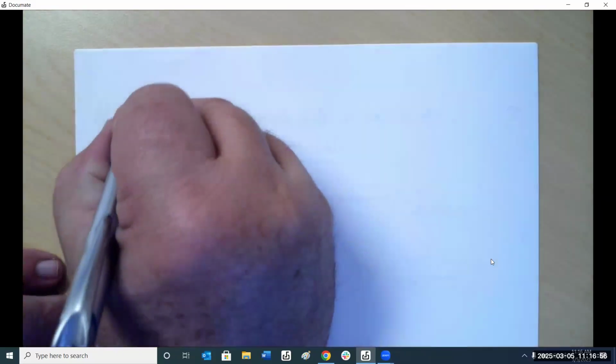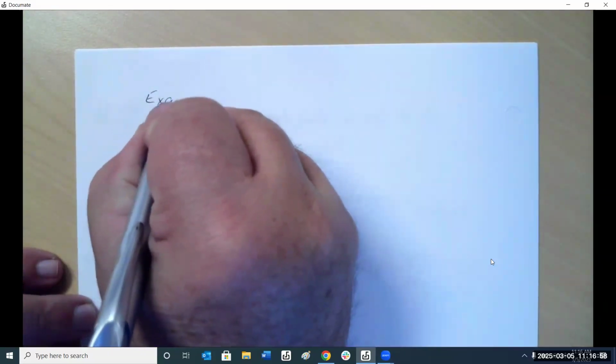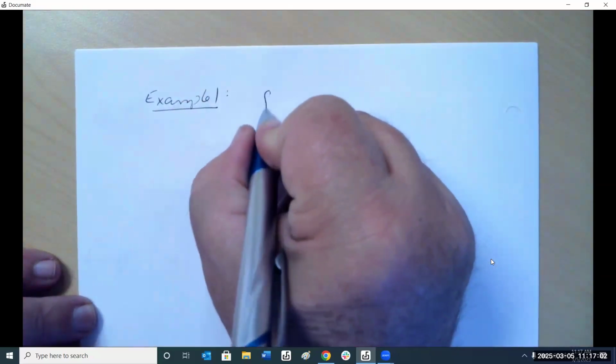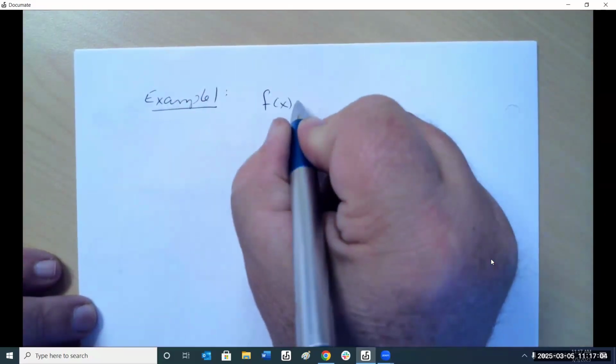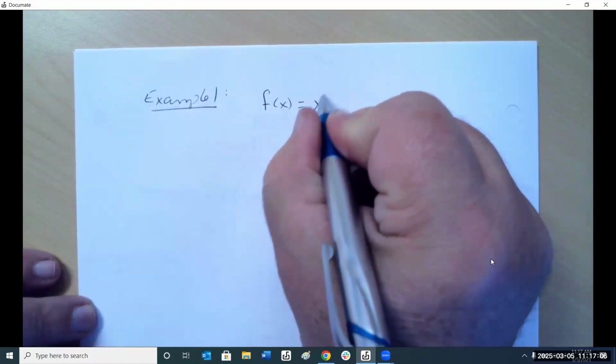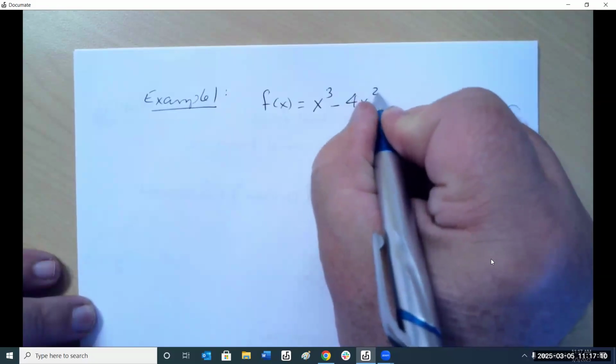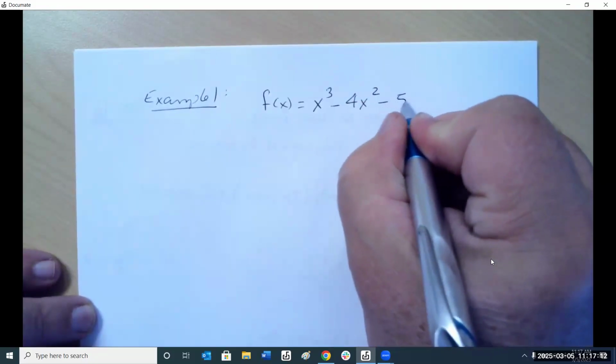Let's look at what this means. So our function that we're going to deal with first is x cubed minus 4x squared minus 5.